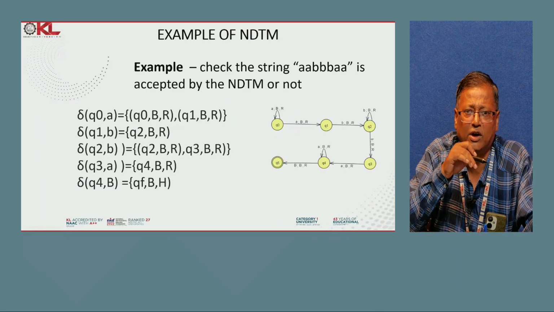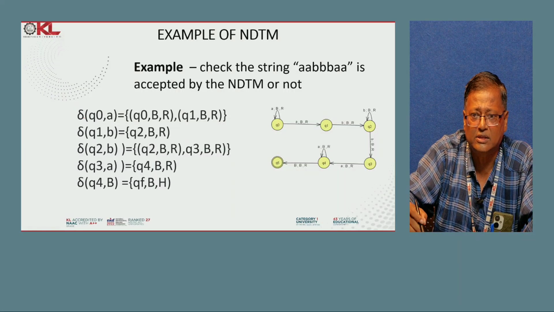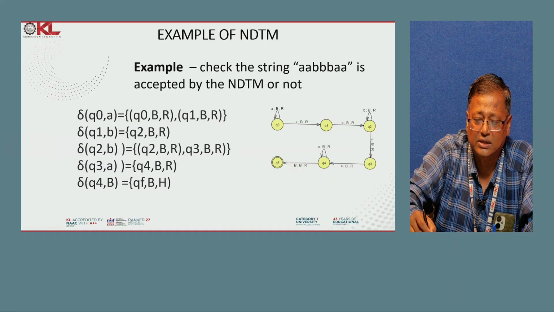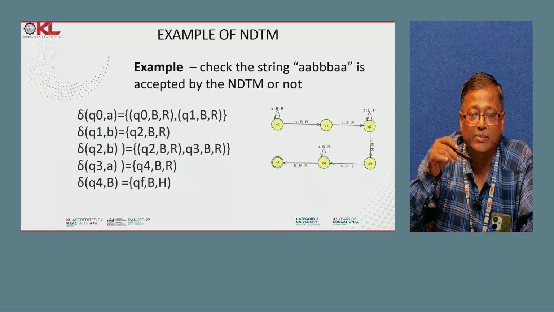Here is an example of an NDTM. Using delta, we check whether ABBA is accepted by the NDTM or not.